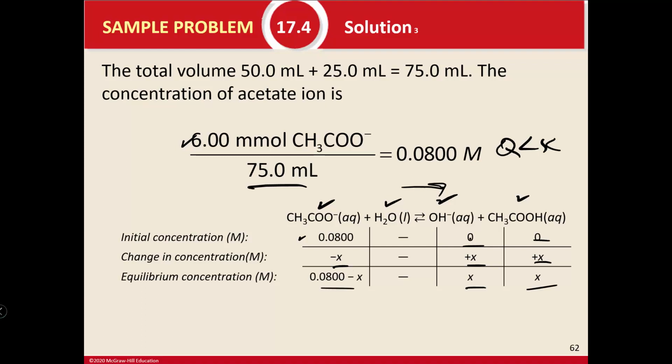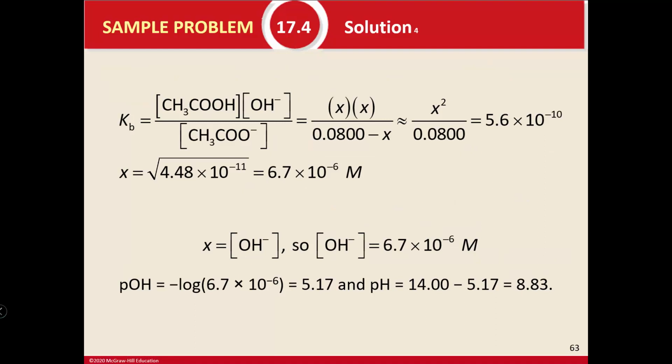So I'm going to take that and plug it into my expression. And the expression is Kb equals the acetic acid times the hydroxide ion concentration over the acetate ion, just like we saw in the equation.